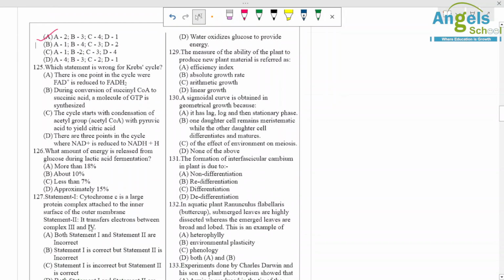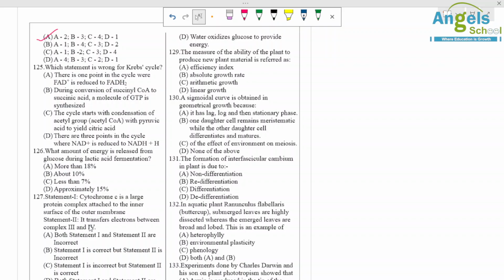Okay, question number 125. Which statement is wrong for Krebs cycle? There is one point in the cycle where FAD is reduced to FADH2 during conversion of succinyl CoA to succinic acid. A molecule of GTP synthesized. A cycle starts with condensation of acetyl group with pyruvic acid to yield citric acid.